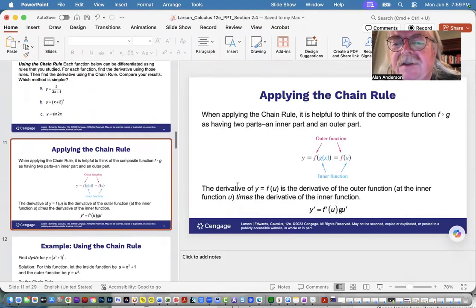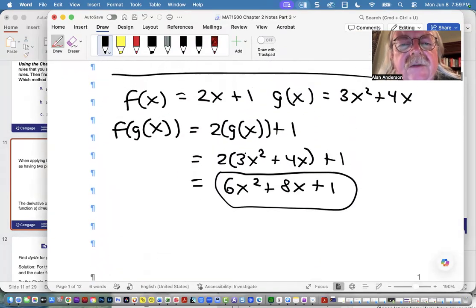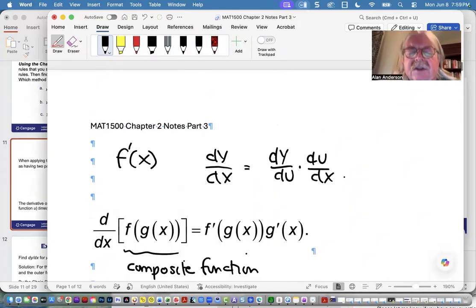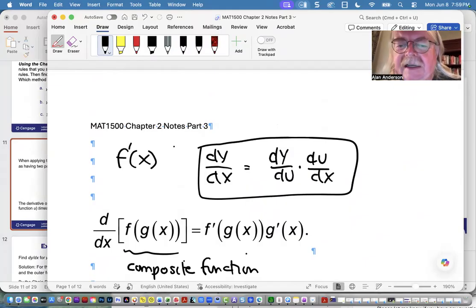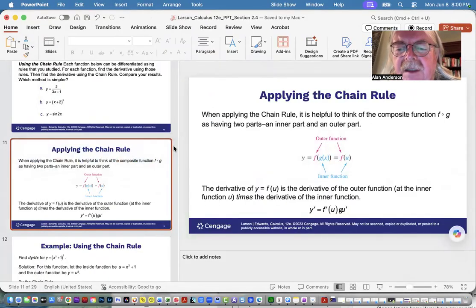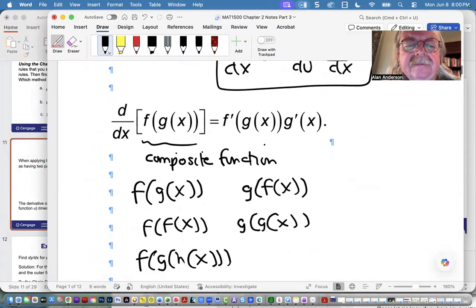Now, here they're reminding us again of this notation. For certain cases, it might be easier to use this approach. It depends on what you're looking at, but both of these will give us the same answer. And if you're going to use that approach, the way they want you to think about it is this.